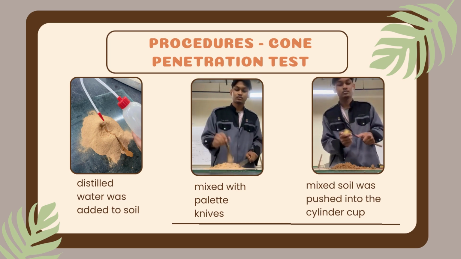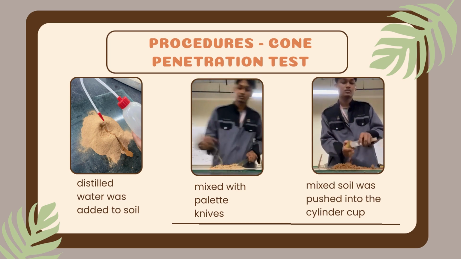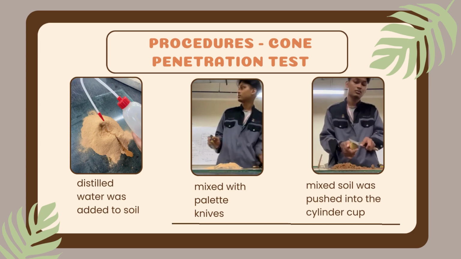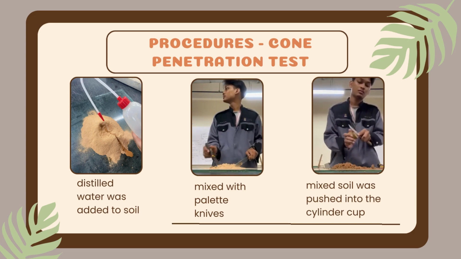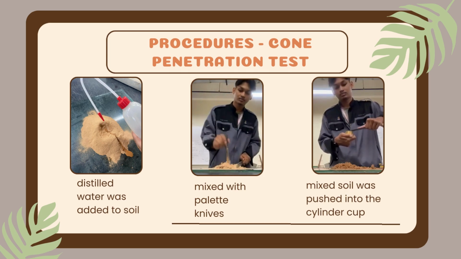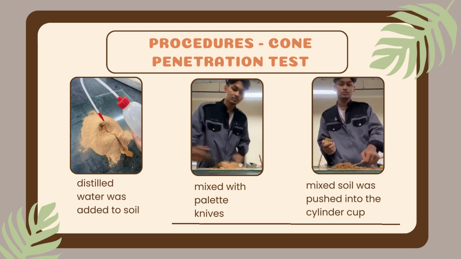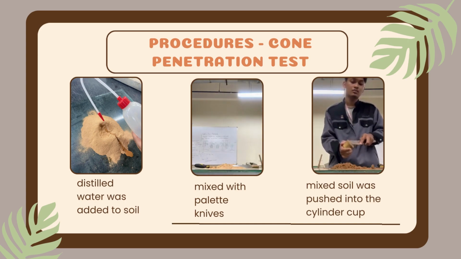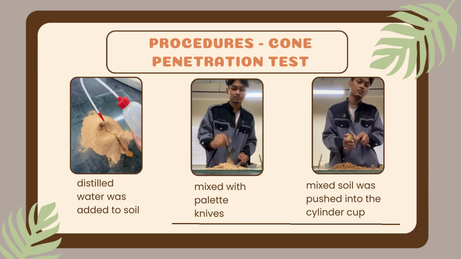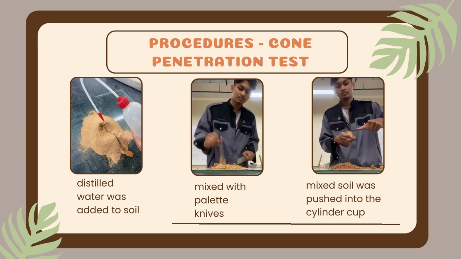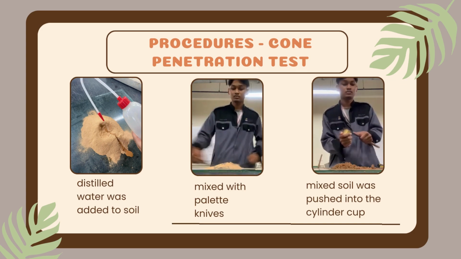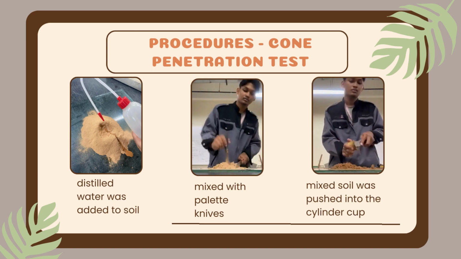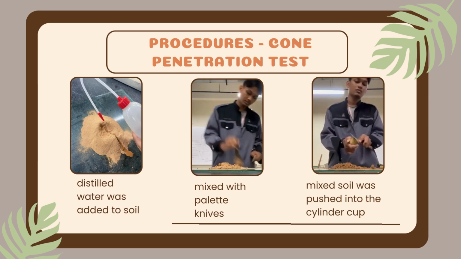For the procedure, take a soil sample of at least 300 gram, and then we put the soil on a flat glass plate, add distilled water and mix slowly with two palette knives. A portion of the mixed soil was pushed into the cylinder cup with a palette knife.